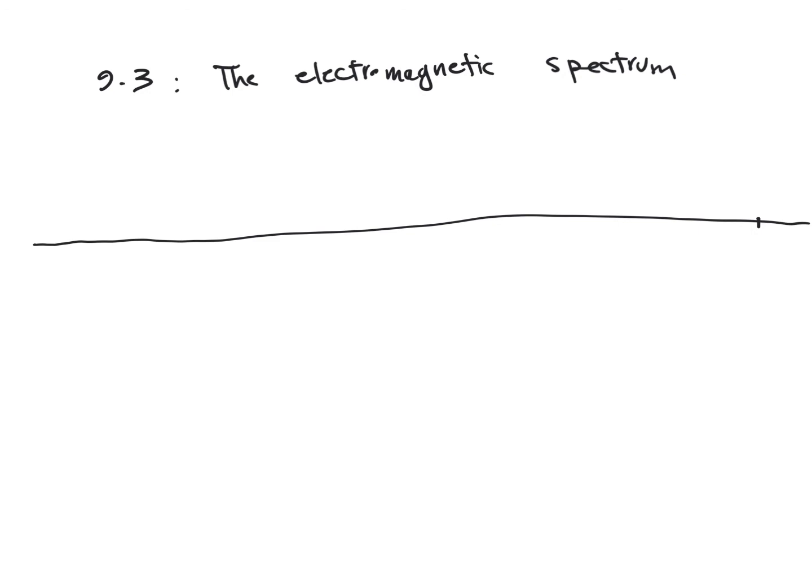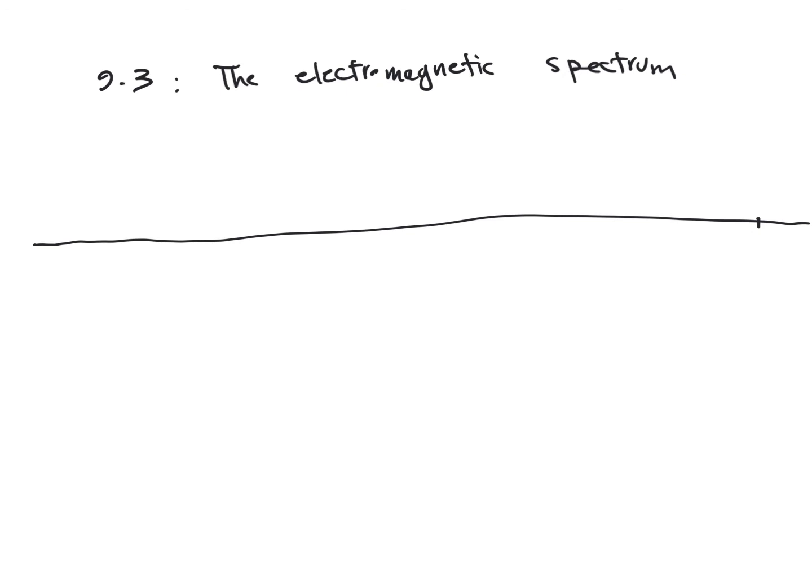For instance, red has the smallest energy and the longest wavelength, but blue has the highest frequency, highest energy, and the smallest wavelength. Do you remember?